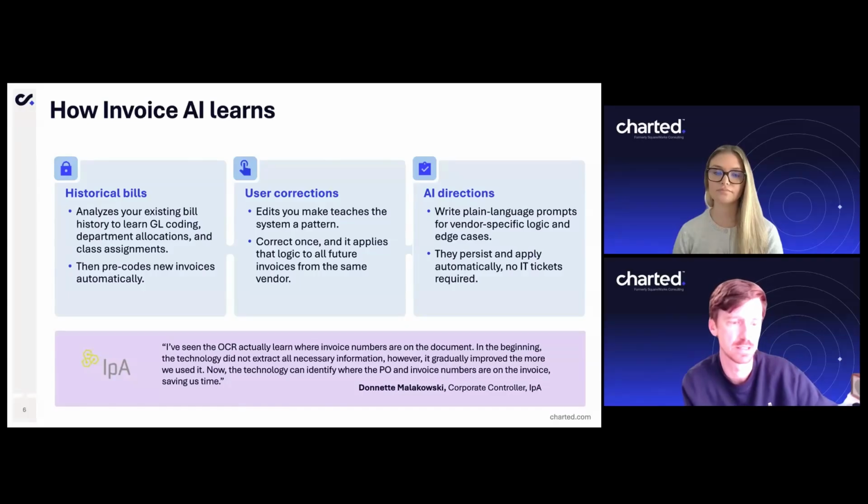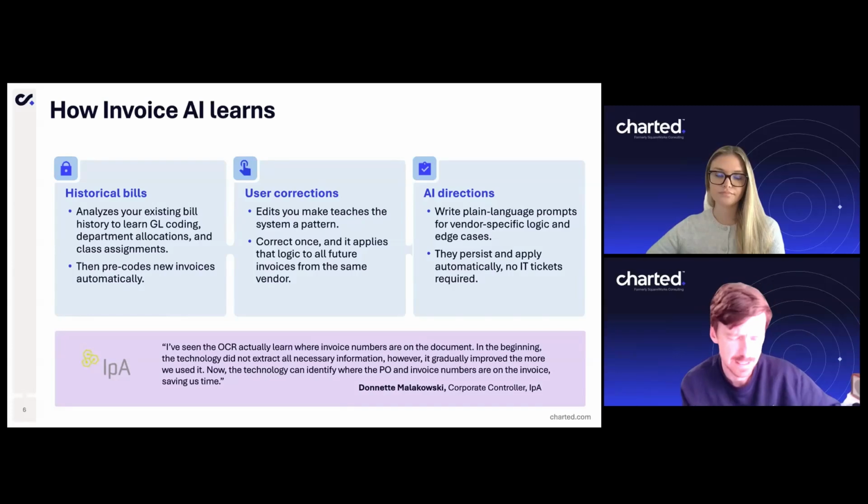Your vendor doesn't tell you how to code it in your system. So that's something an AP professional typically looks up themselves: how has this bill been coded in the past inside the system? Invoice AI is able to pick up on those patterns and use historical bill information to make sure that things are coded correctly.